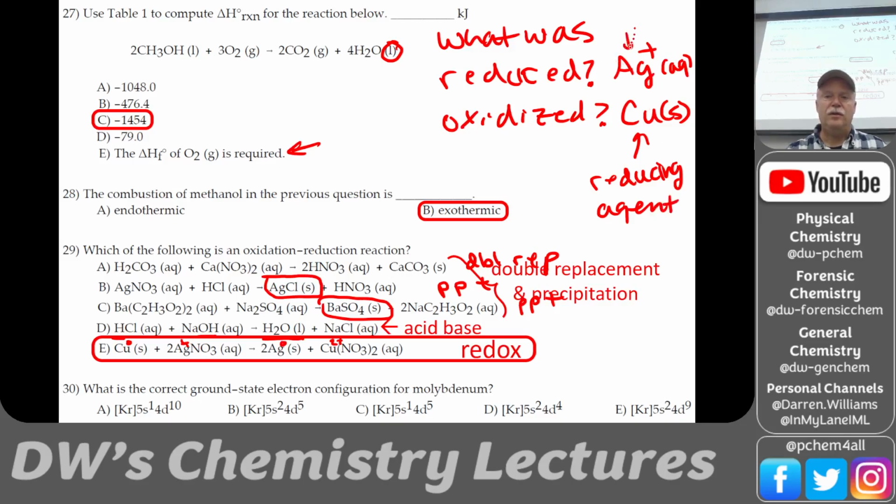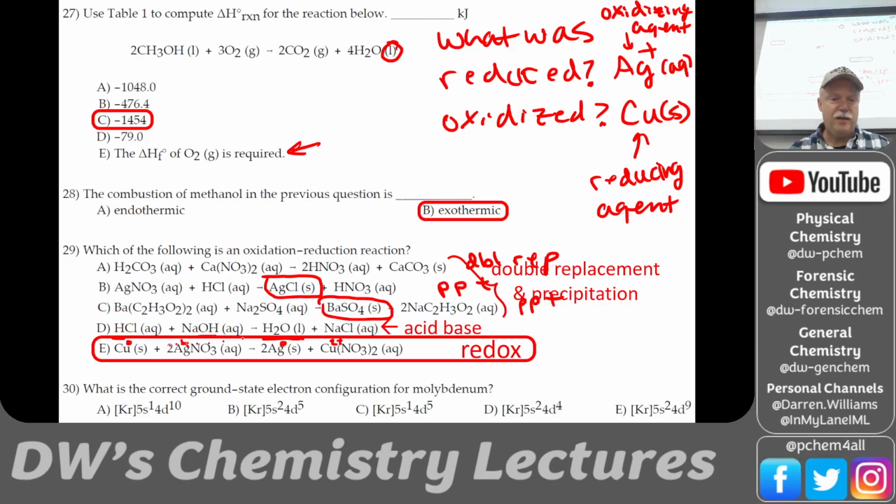And the silver was the oxidizing agent. So you find out what was reduced and oxidized first, and then that kind of changed the labels for the agents. Okay, so that's a little side trip.